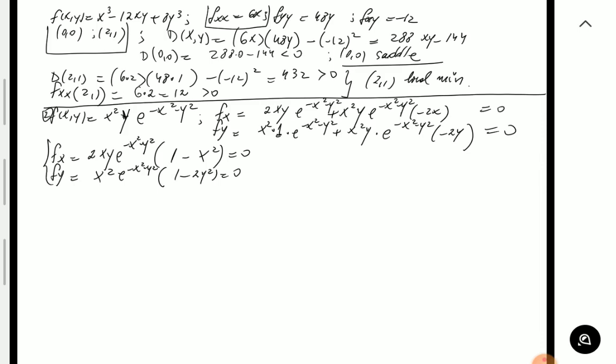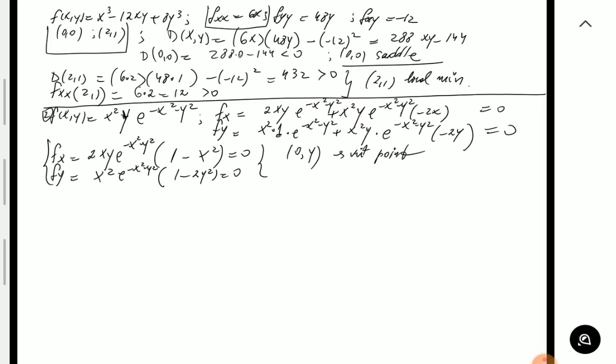So when you solve this as a system, how many solutions can you find? Notice that if x is 0, look at the factors outside the parentheses. If x is 0 and y can be anything, this is a critical point, because all derivatives are equal to 0 if x is equal to 0.